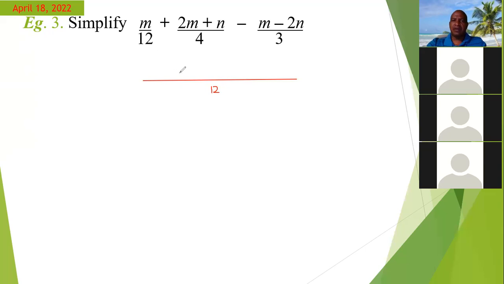Now, as before, we have to divide the 12 by the denominators of these fractions, and whatever value you get from each division, you multiply it by the numerator of that fraction. So in the first case, we have m over 12. We divide the LCM 12 by the denominator 12. So 12 into 12 goes 1. We take the 1 times the numerator, so we'll have 1 times m, which just gives back m.